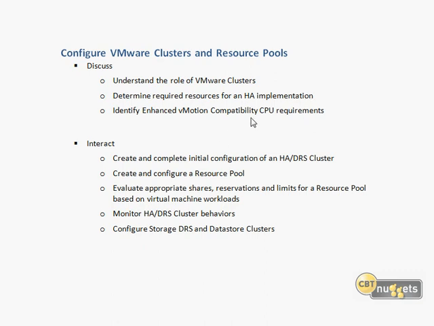We also talked about EVC, because you could create islands of vMotion capability to protect yourself against not being able to vMotion. Then we went through the process of creating a cluster and resource pools, adjusting the shares, reservations, and limits for resource pools, how to monitor some of the behaviors and what those behaviors are, and also how to configure storage DRS and data store clusters.